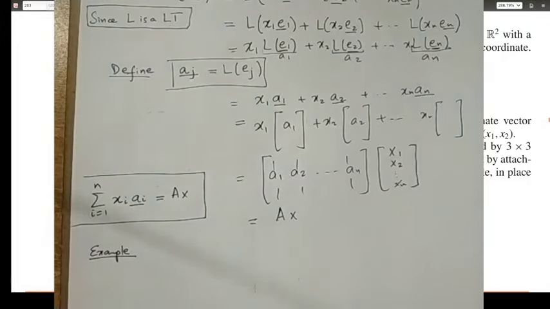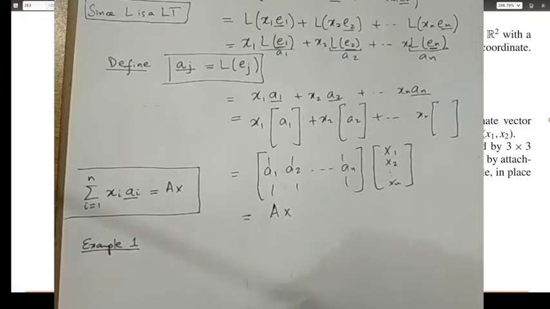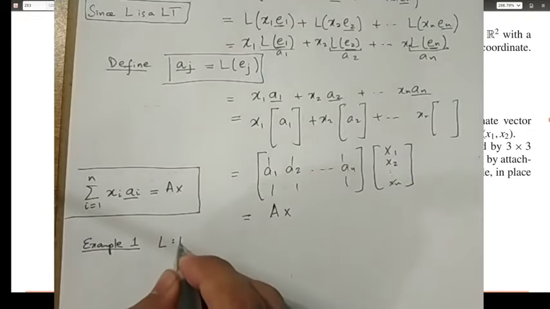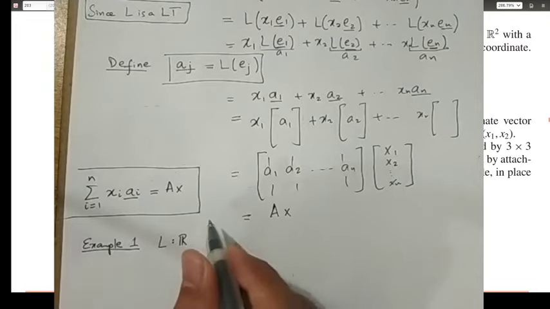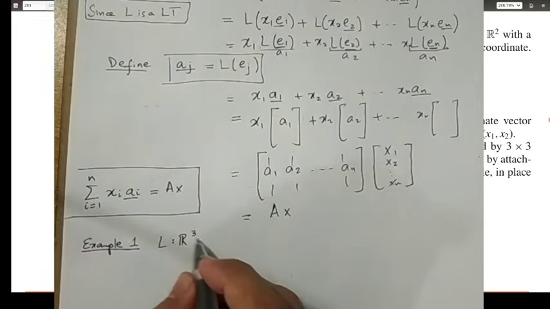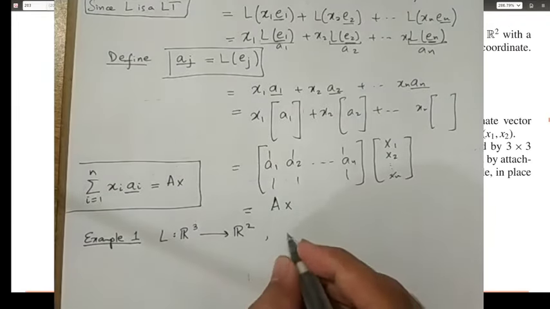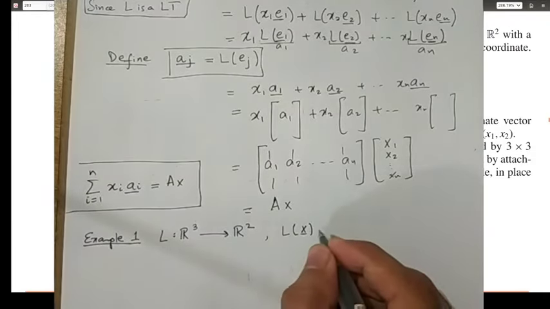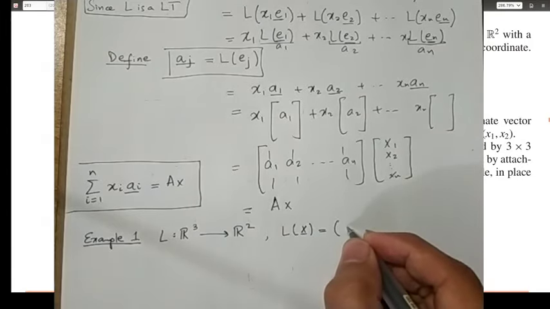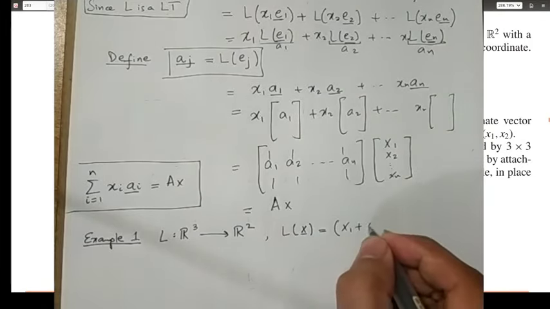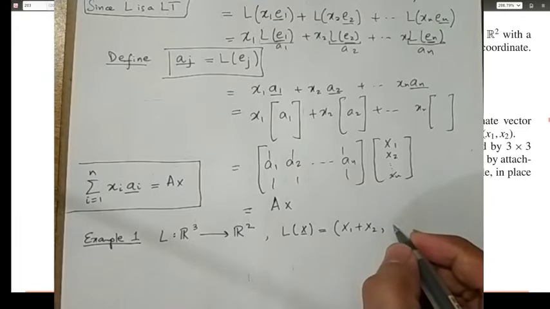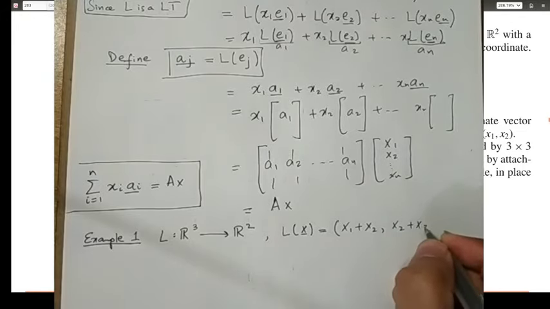So let's say example 1. Let's consider a linear transformation from R3 to R2. And the linear transformation is given as Lx equals, the first coordinate is x1 plus x2, and the second coordinate is x2 plus x3.